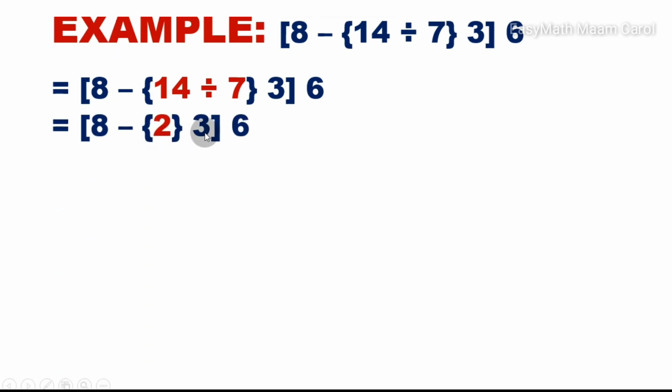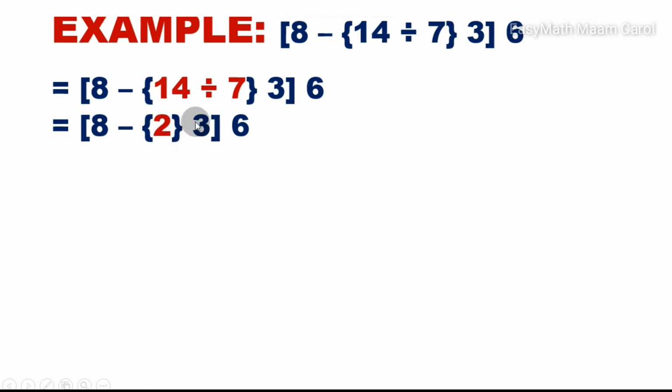So, tingnan nyo mabuti. Now, there is no mathematical operation between 2 and 3. So, anong ibig sabihin nun? Ito yung sinasabi natin na critical thinking natin, no? So, wala ba talaga? Meron yan. It's 2 times 3.